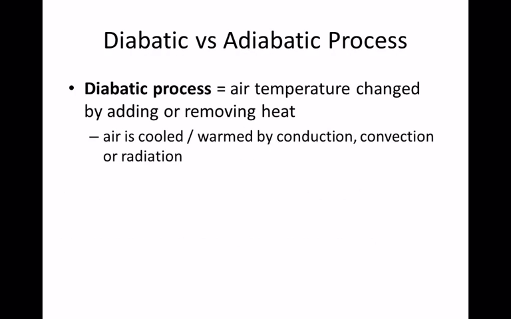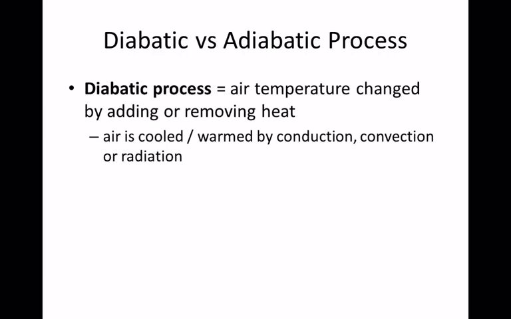Okay, so diabatic versus adiabatic. I've been teaching this class for maybe 13 years or so, and I really struggled with these two terms, but they're really not that complicated. Diabatic transfer of heat is basically what you do when you go to a stove and you want to heat a pan of water. That's diabatic. Your pan of water is your system, and you're taking heat from your oven and putting it into your system.